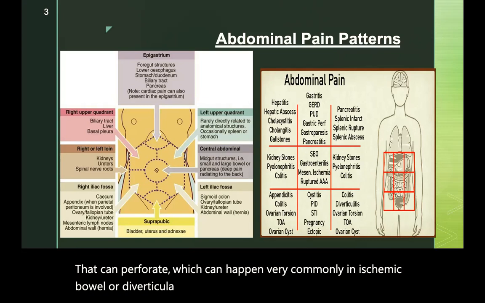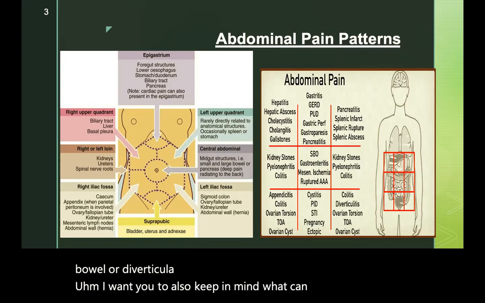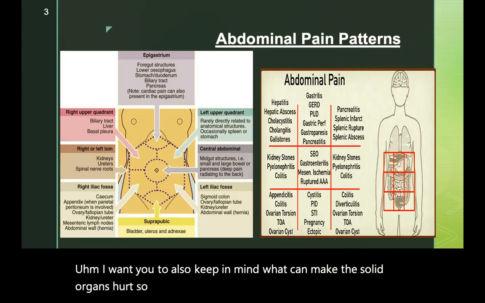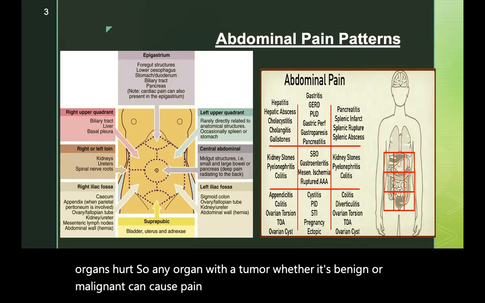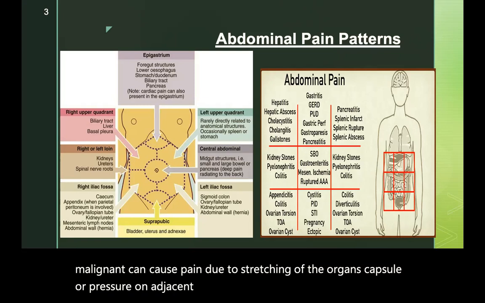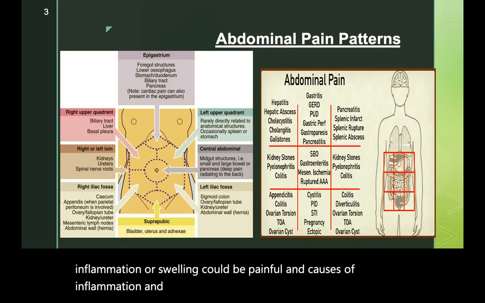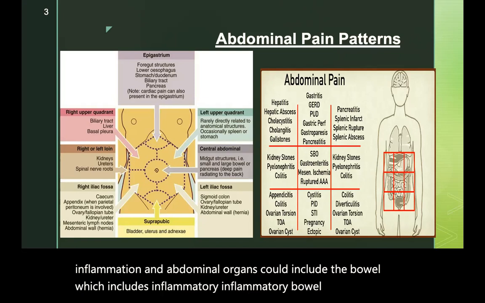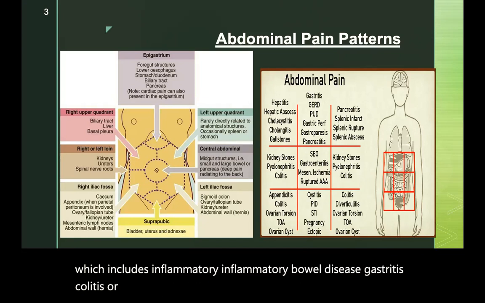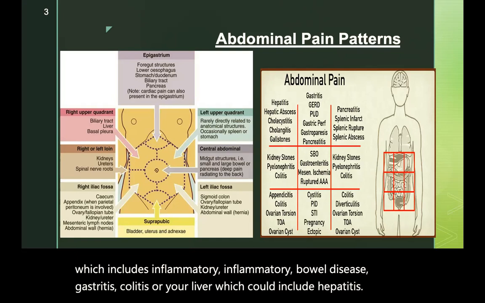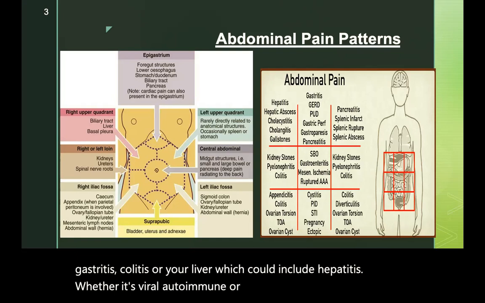I want you to also keep in mind what can make the solid organs hurt. Any organ with a tumor, whether it's benign or malignant, can cause pain due to stretching of the organ's capsule or pressure on adjacent structures. Anything that could cause inflammation or swelling could be painful. Causes of inflammation in abdominal organs could include the bowel, which includes inflammatory bowel disease, gastritis, colitis, or your liver, which could include hepatitis, whether it's viral, autoimmune, or alcoholic hepatitis.